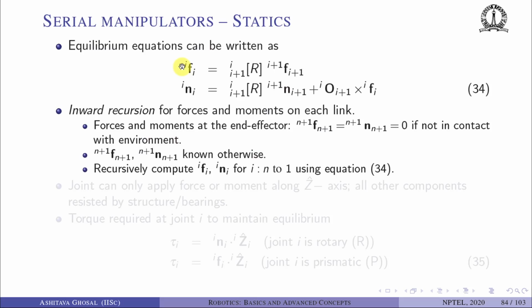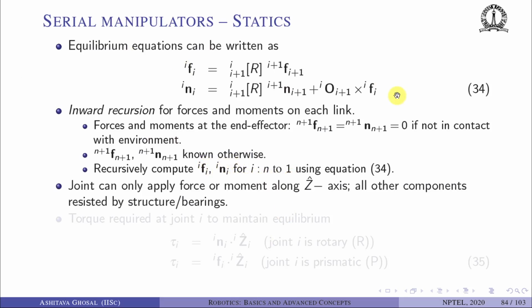We started from the fixed base and went to the end effector. In the case of forces, we are going backwards. Okay, and it is intuitively correct. In the case of velocities, the base velocity is fixed or 0. Whereas in the case of forces, the external force is acting on the end effector and that is known. So we can recursively compute ^iF_i, ^iN_i for i from n to 1 using this equation.